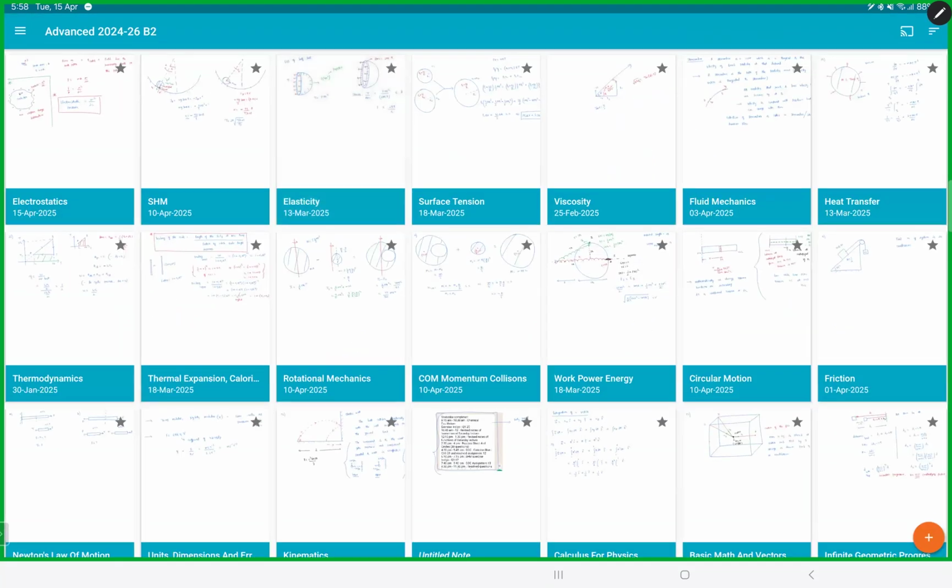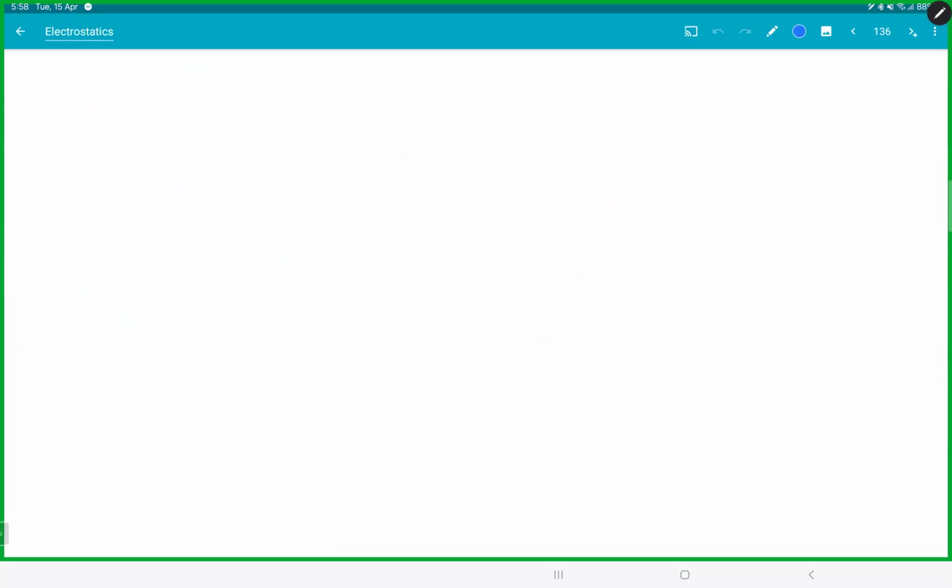So it is there in the notes. How do you do the second part? So let's take half shell. It's a thin shell.